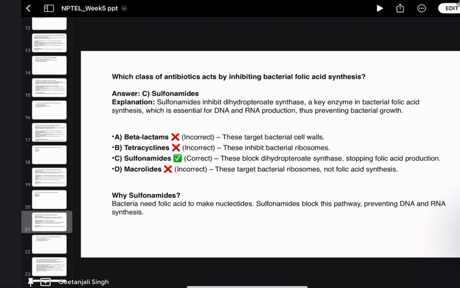So the correct answer is C, sulfonamides. They inhibit bacterial folic acid synthesis, whereas beta lactams target cell wall synthesis, tetracyclines target ribosomes, and macrolides target bacterial ribosomes and not folic acid synthesis.